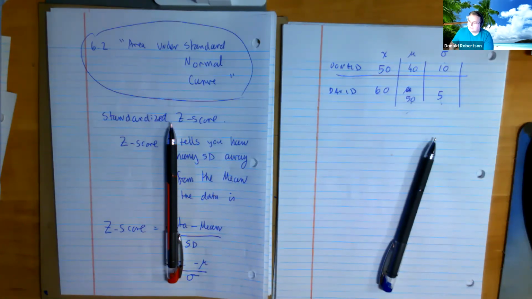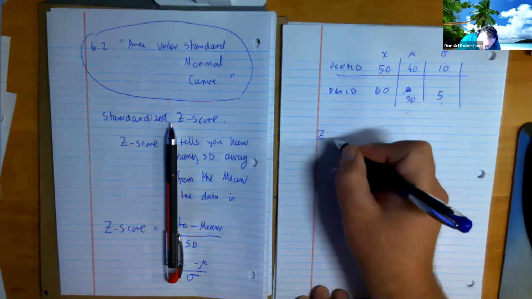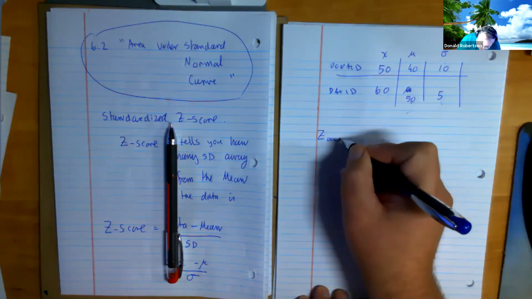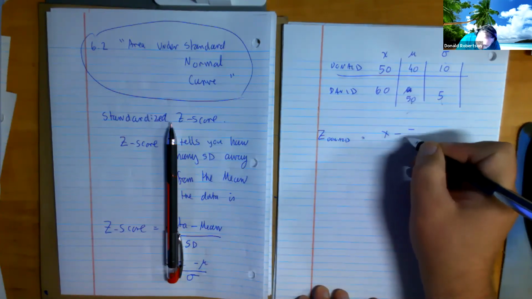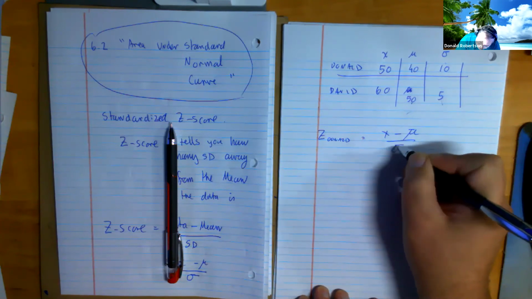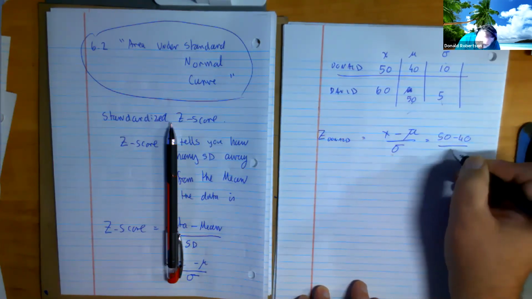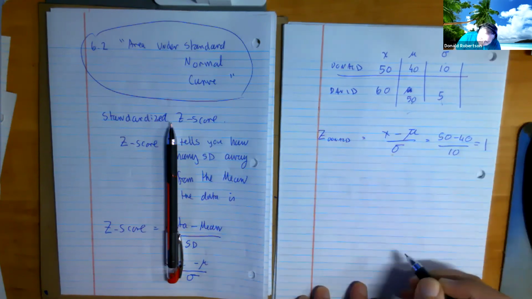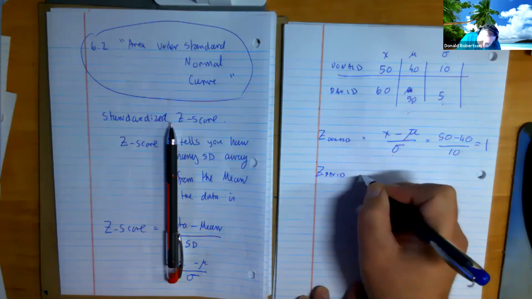One on its own is no good. Both do matter. So here's the z-score for me. It's x take away mu over sigma. I got 50, take away 40, and you divide it by 10, and I'm making my life easy, that's 1. And here's David, my brother, and let's see what he got.